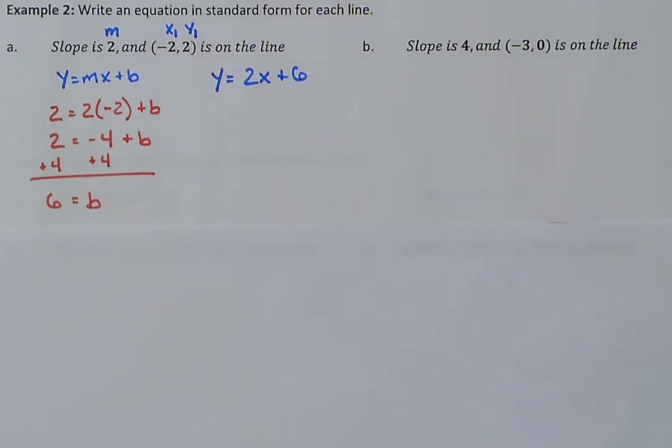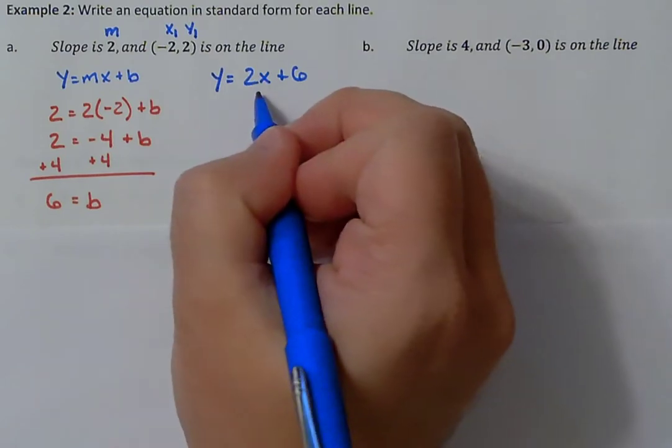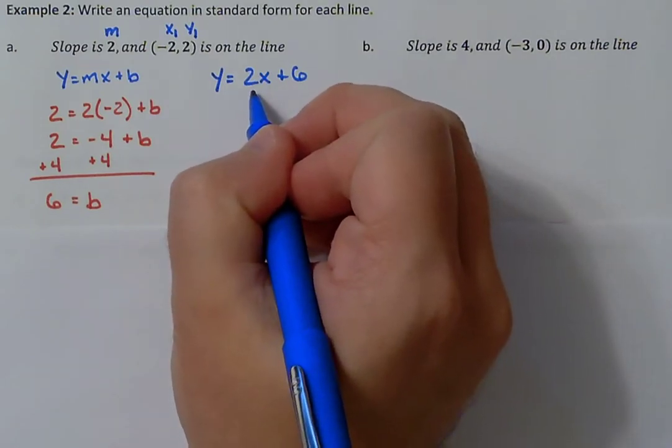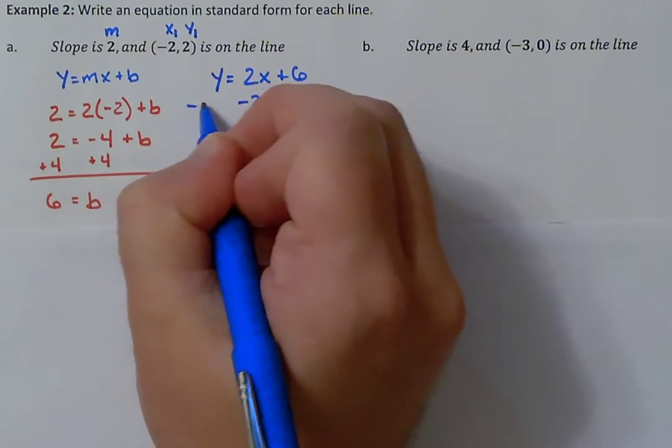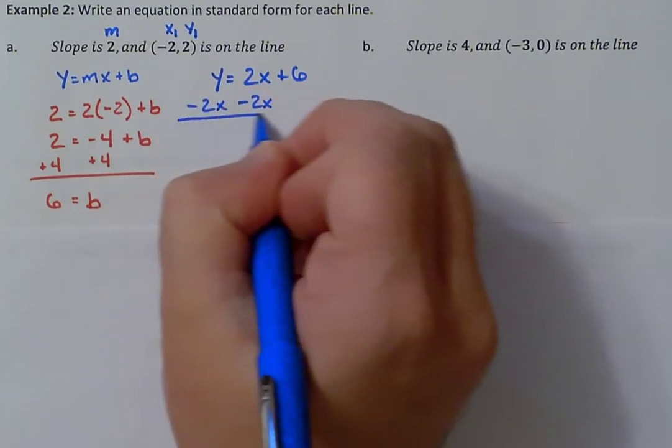Now, this problem asks me to write it in standard form. So that means I need to get the x to the other side with y to put this in standard form. To do that, I need to move this x because it's a positive 2x. I'm going to subtract it from both sides. If it was negative, we would add.